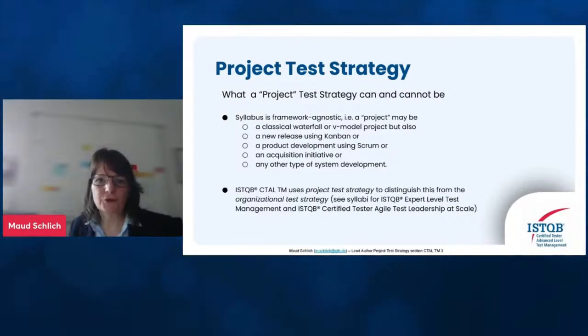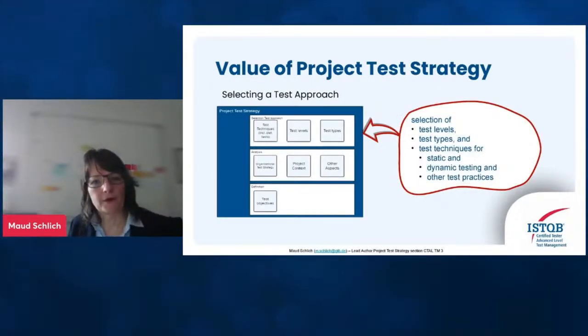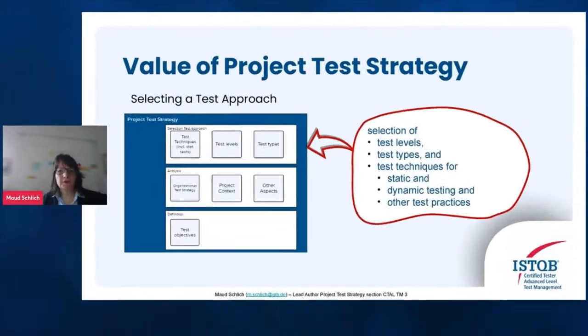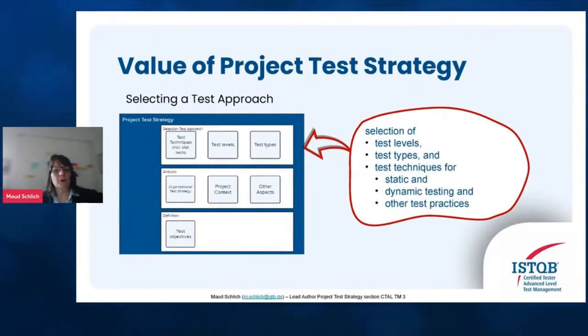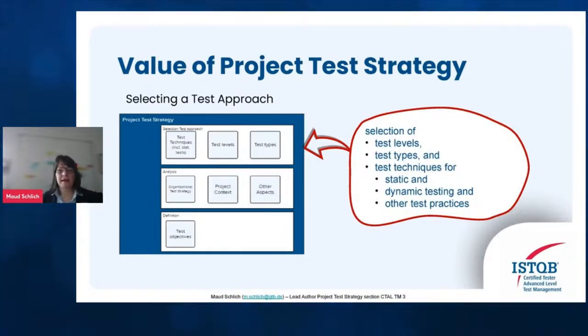What and how do you do this? Well, there are 3 major blocks in this section. The first is about the project test strategy selection of a test approach. Here you should try to combine test levels with test types and test techniques for either static and/or dynamic testing or any other thing you might need to combine.